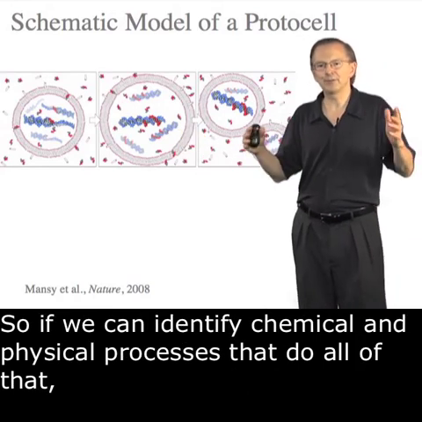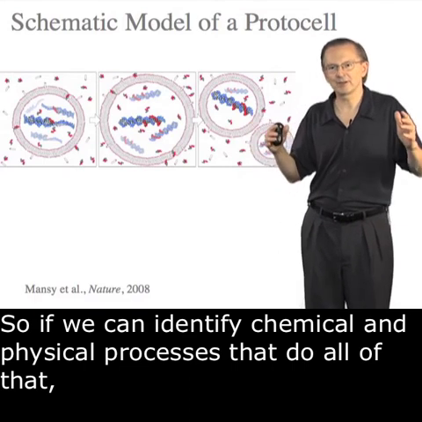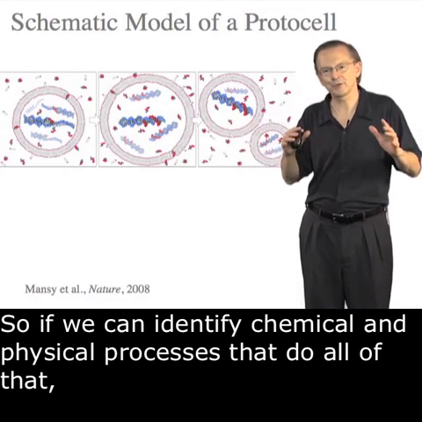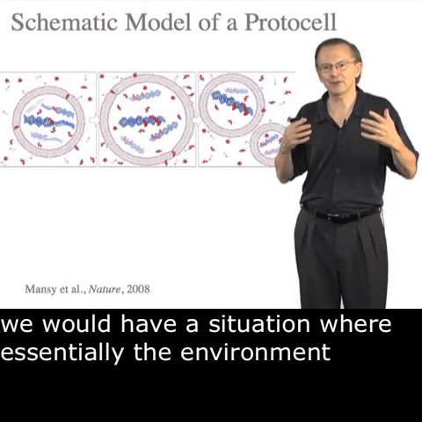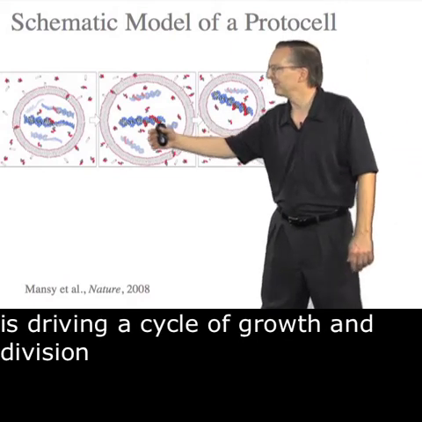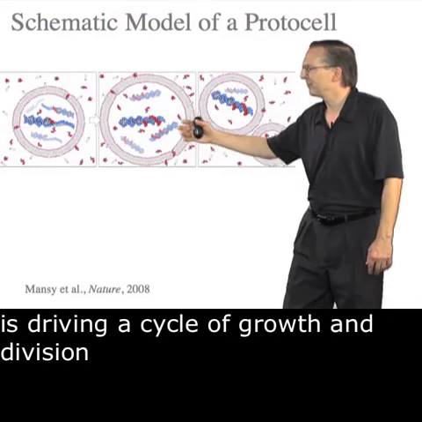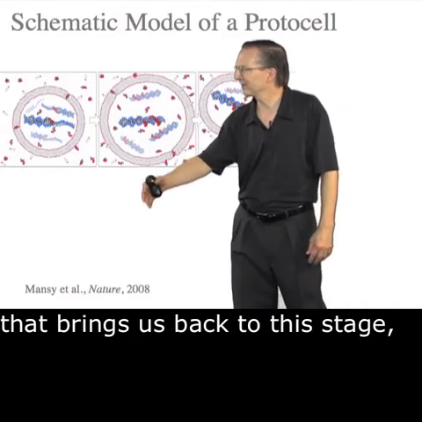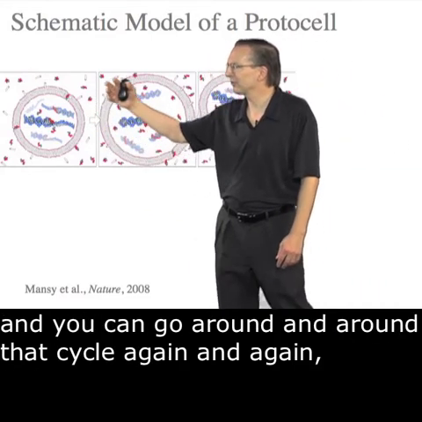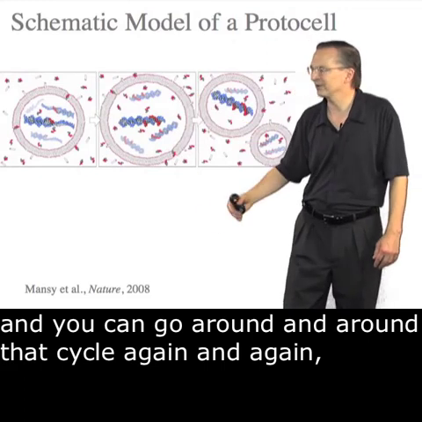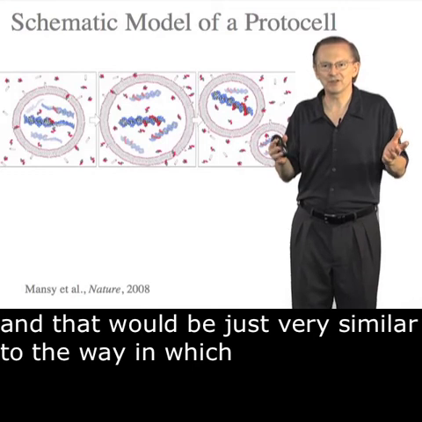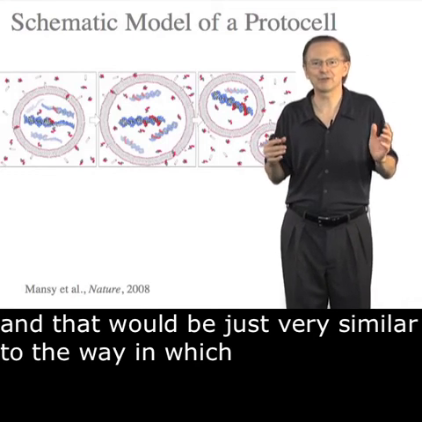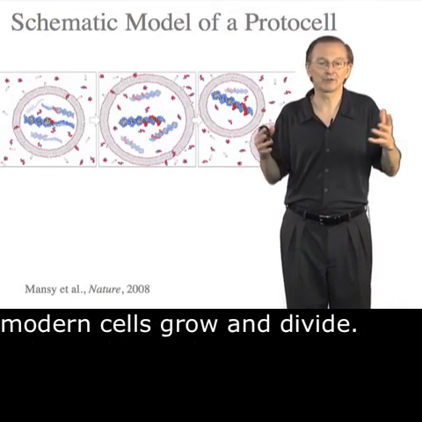So if we can identify chemical and physical processes that do all of that, we would have a situation where essentially the environment is driving a cycle of growth and division that brings us back to this stage, and you could go around and around that cycle again and again, and that would be very similar to the way in which modern cells grow and divide.